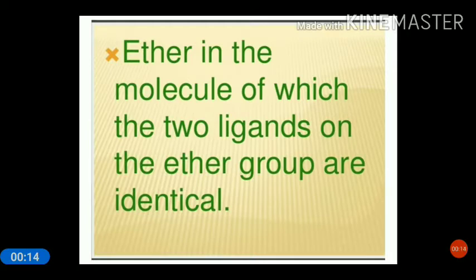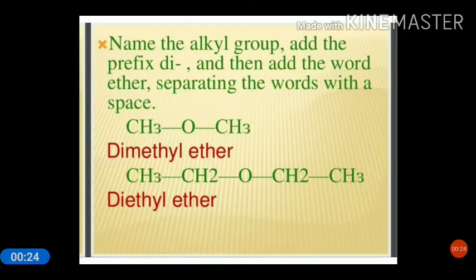Ligand here means the alkyl group, right? In coordination chemistry you will hear this word ligands. When we name the alkyl group, we add the prefix di in the general name. For example, you can see here, this is dimethyl ether.